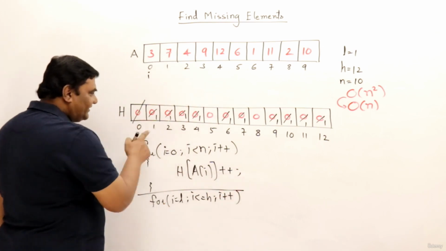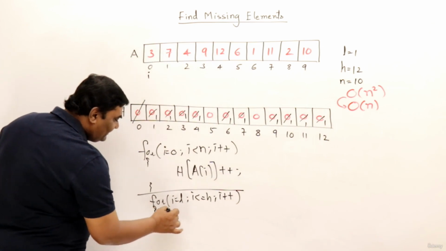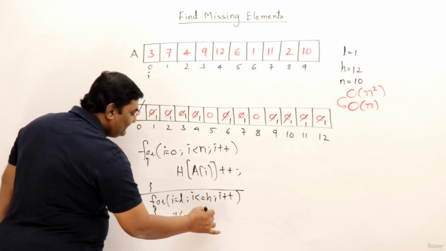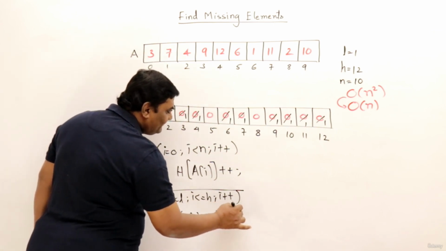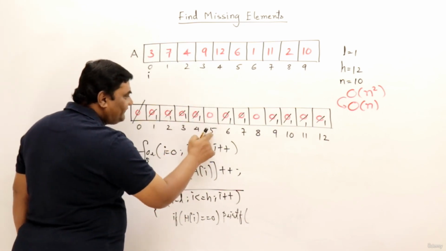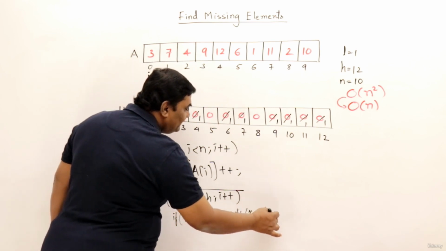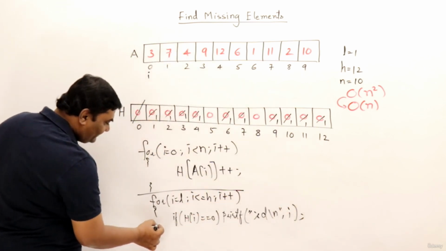So I should start from 1 and go up to 12. Then every time I should check if h of i is still 0, which means the element is not there. So simply I will printf. Like h of 5 is 0, so 5 is not there. So printf percent d, new line, and I will say i. So that is the index.